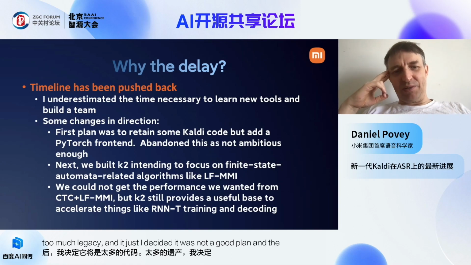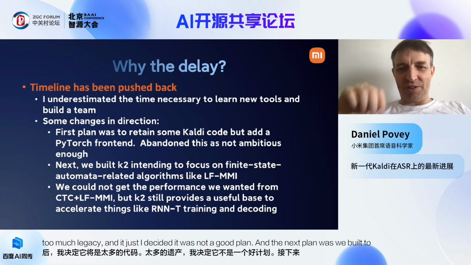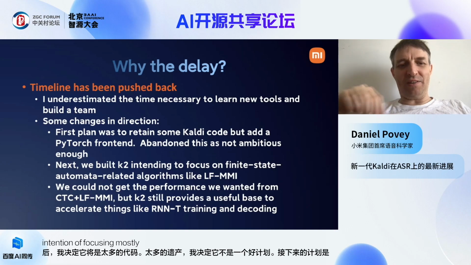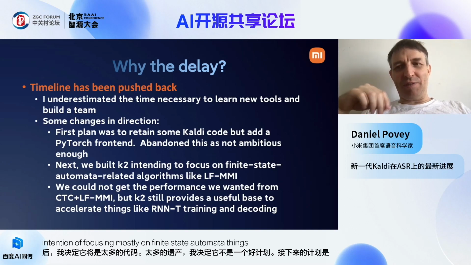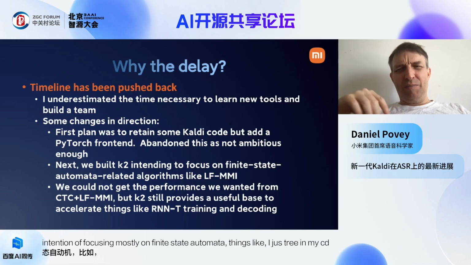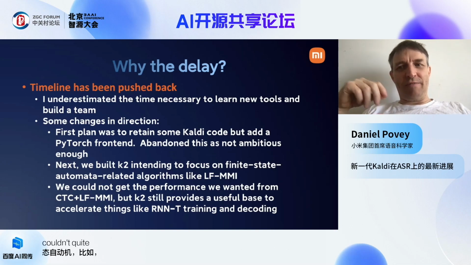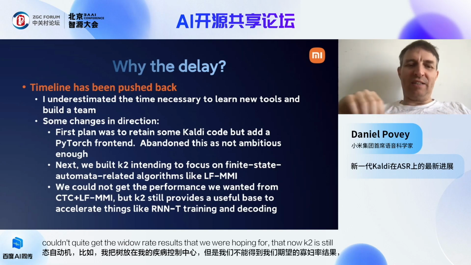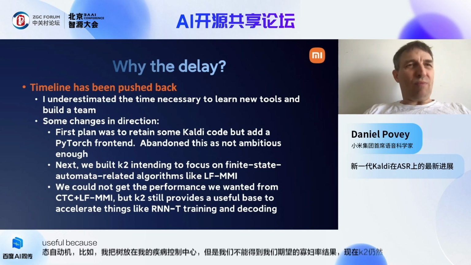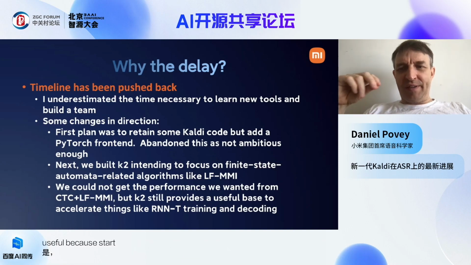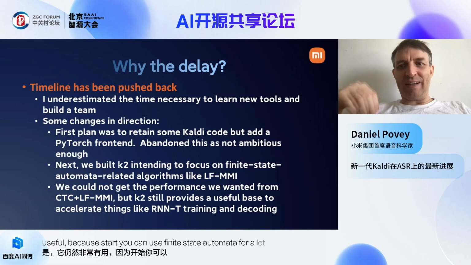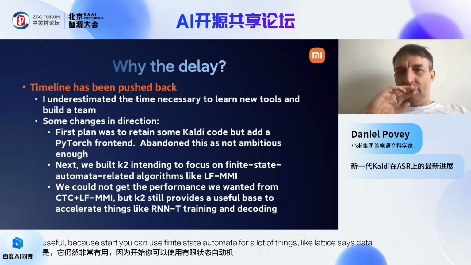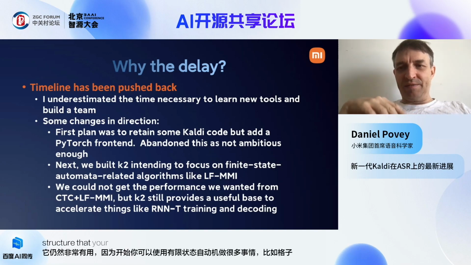The next plan was, we built K2 with the intention of focusing mostly on finite state automata, things like lattice-free MMI and CTC. But we couldn't quite get the word error rate results that we were hoping for from that. Now, K2 is still very useful, because for a start, you can use finite state automata for a lot of things, and lattices are a data structure that you're going to need for any serious speech recognition system.